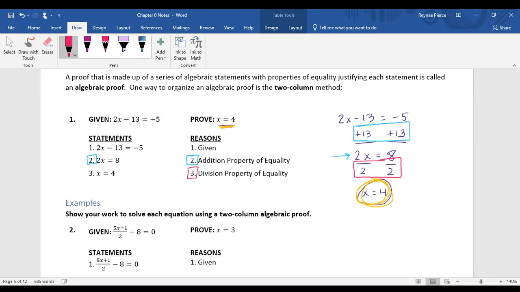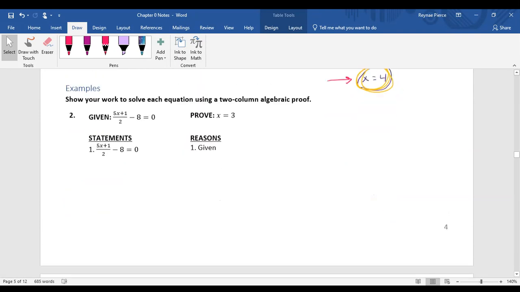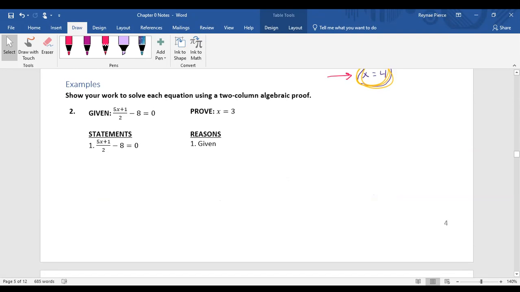That's the division property of equality to get to that last statement, the prove statement here. So again, I cannot stress this enough. This is just a different way to organize the information, how you show us your work. Nothing is changing about how we're solving these equations. But we'll do an example together here.